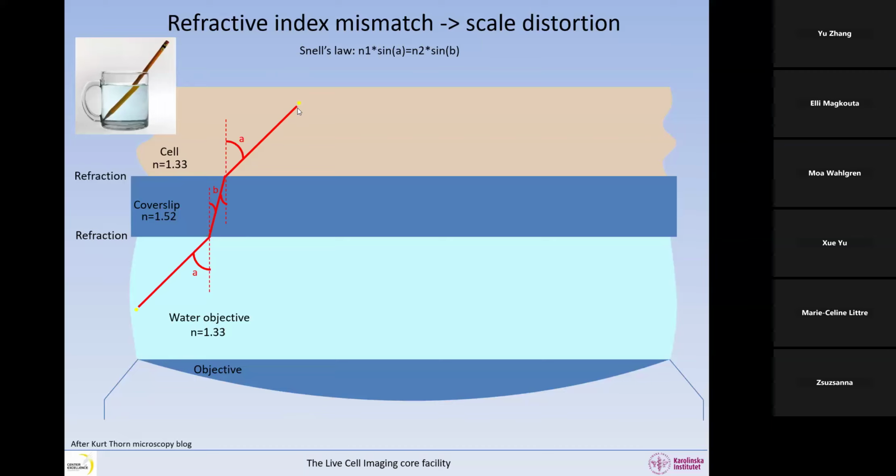So you can see in here that we have this angle A, because we have a certain difference in refractive indices. But because we have the same refractive index in the sample and in the objective mounting medium, we have the same angle here. And therefore, when you want to measure your distances in Z, this is the real position of the sample compared to the cover slip.